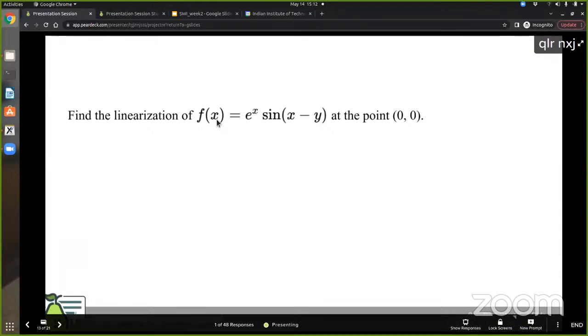It's a multivariate function dependent on x and y. And now that it's a multivariate function dependent on two variables, the point will have two coordinates, a comma b. Make use of this, and instead of derivatives, you will make use of partial derivatives. Please go on.